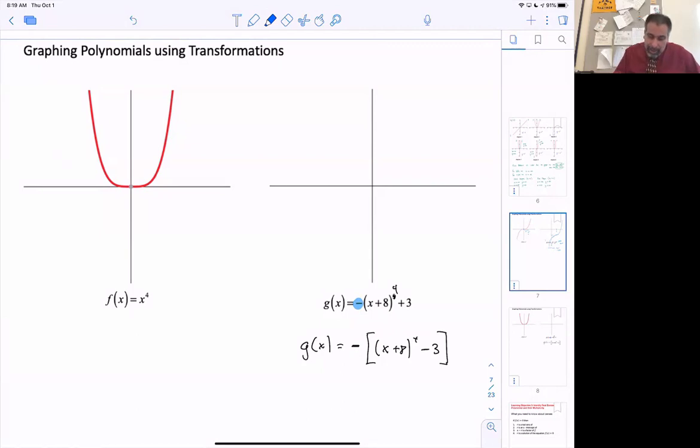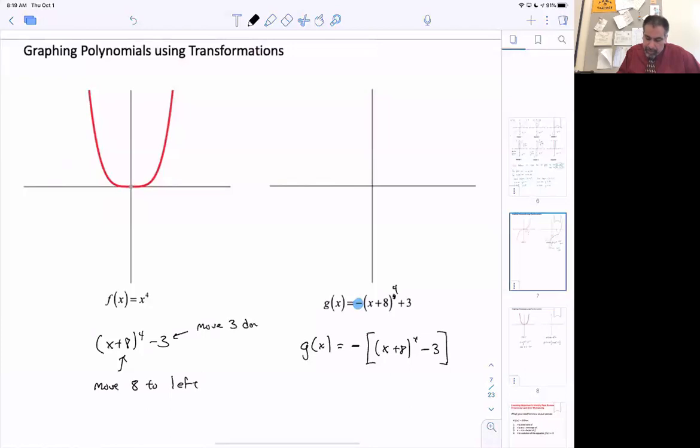Now, to me, I can shift x plus 8 to the 4th minus 3 really easily, okay? Because this is going to have a shift on the inside. So we're going to move this now. Again, plus 8 might make you think, great, but on the inside, it's the reverse. We're going to move 8 to the left. And then this guy right here is going to be the up and down translation. This is going to move 3, and this one works the way you want.